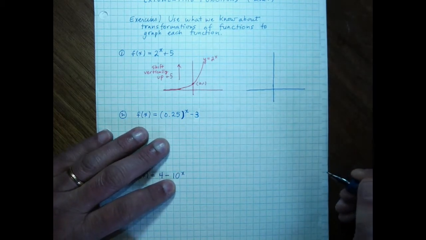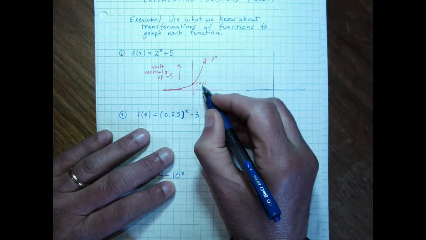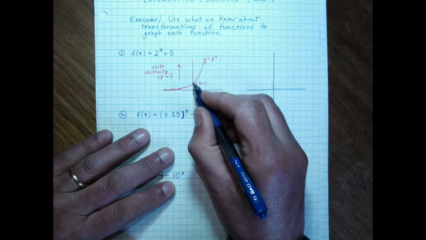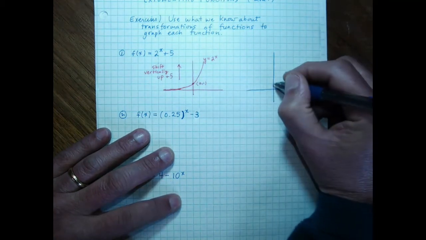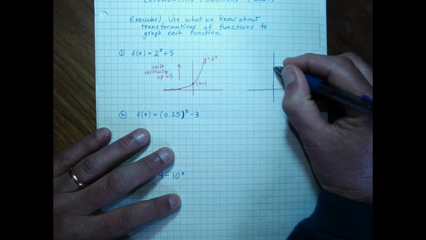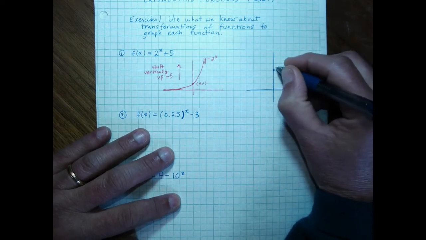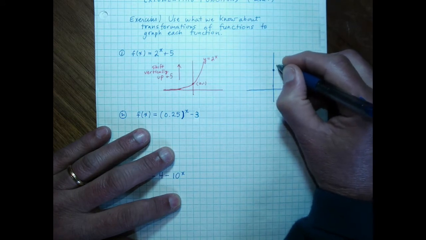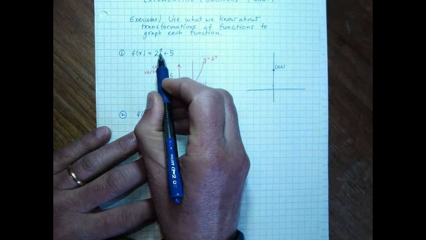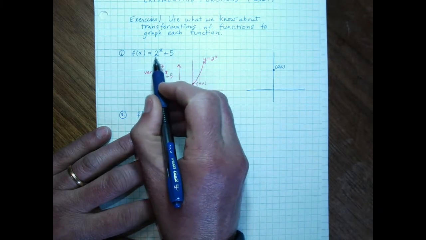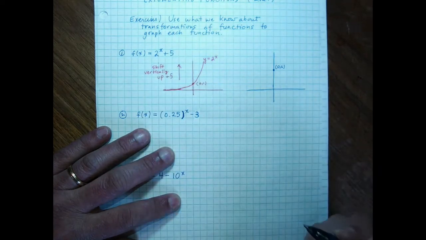We just want to get the most important characteristics of the graph. One thing that's going to happen is that the y-intercept is going to be shifted up 5 units. If we're already at 1 on the y-axis, we shift up to 5 plus 1, which is 6. So that's the point (0, 6) on the graph. I can check that by plugging 0 in for x: 2 to the 0 plus 5 is 1 plus 5, or 6.